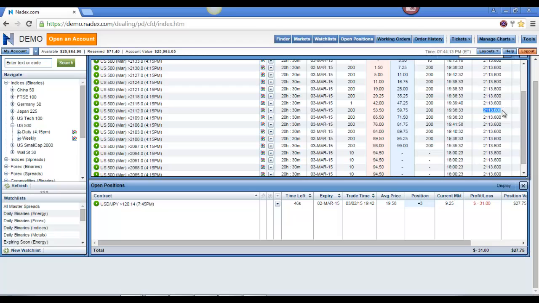See that? And this binary is at 2112. So that binary right there is the closest one to the current underlying. That's what we call at the money, meaning the market is close to the strike right now. So when Nadex quotes the different binary strikes, you're going to have an at the money strike, and then you're going to have strikes below it and above it.